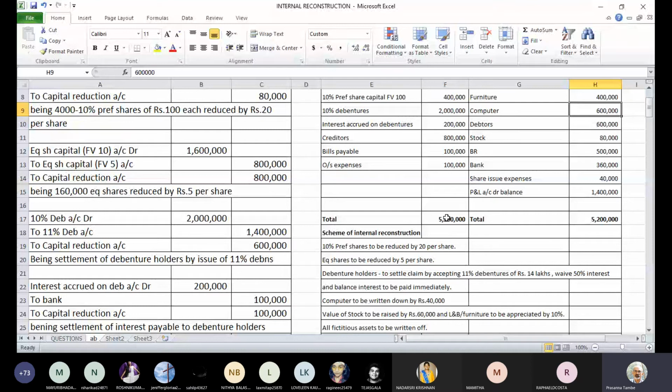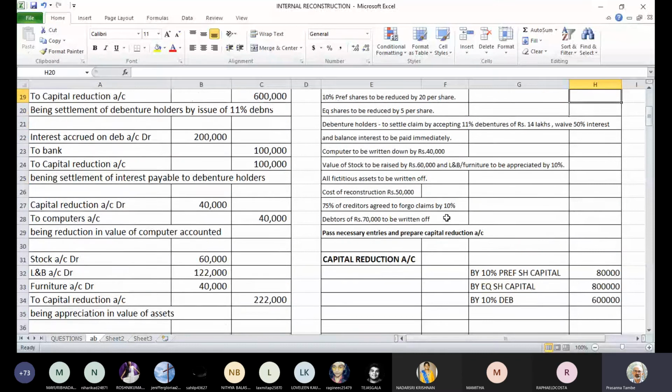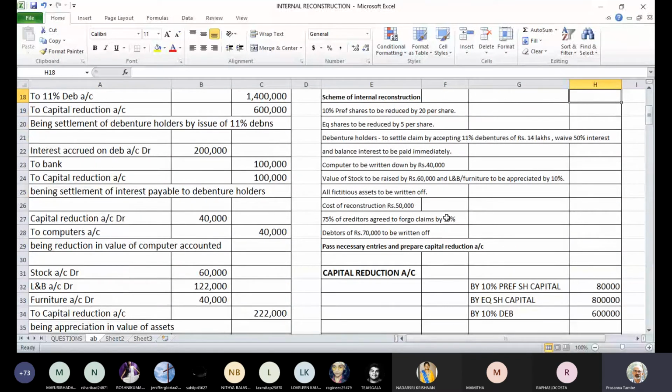So by 10% debentures, all these are credits or benefits coming to the company.